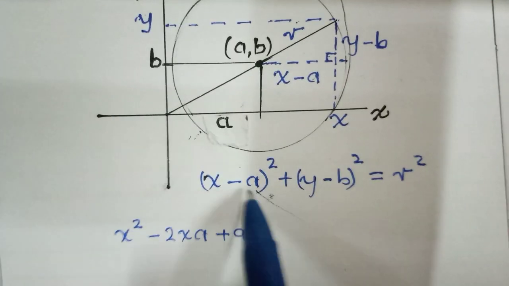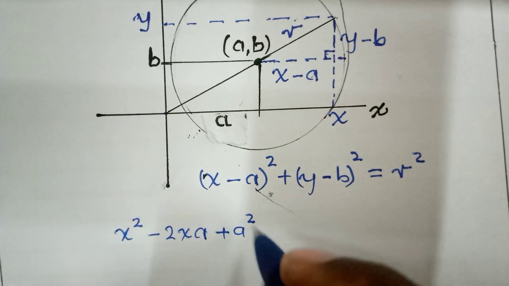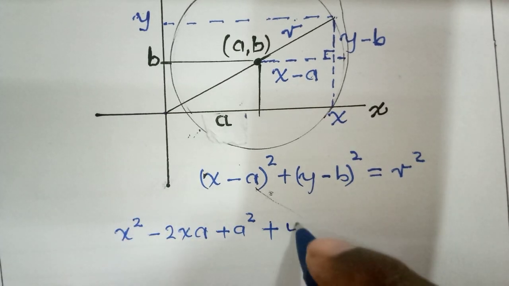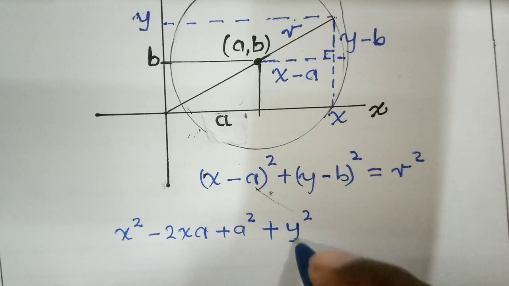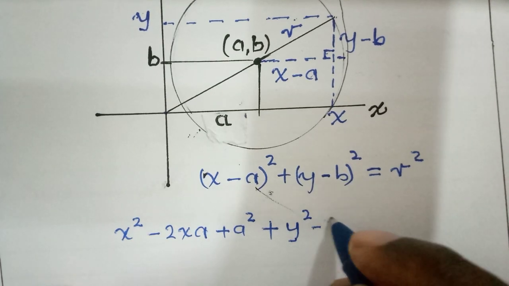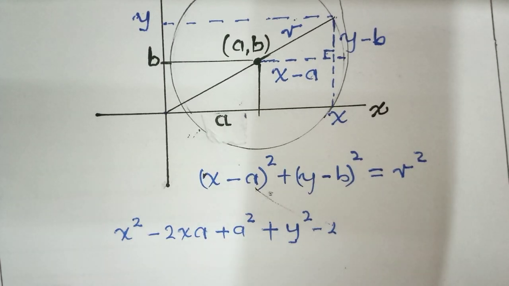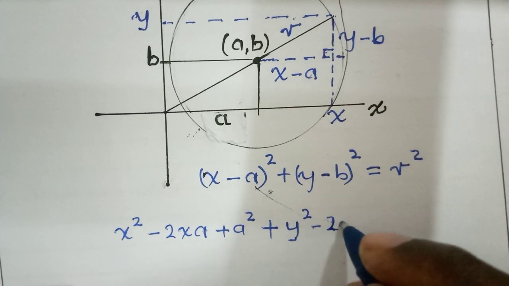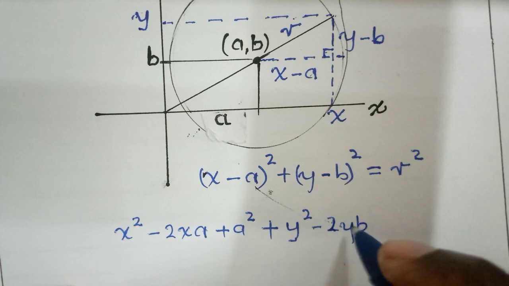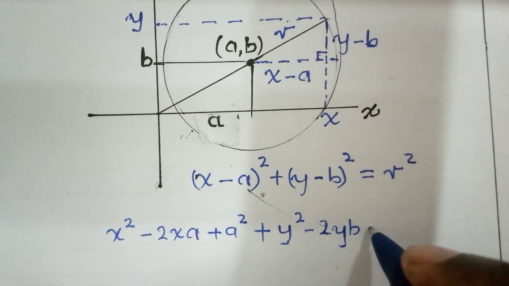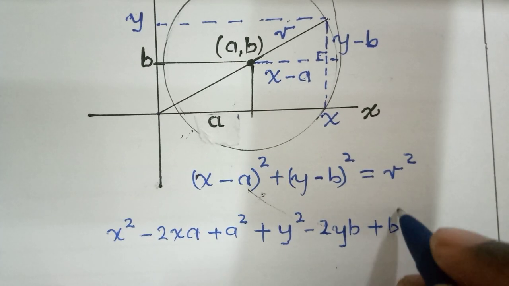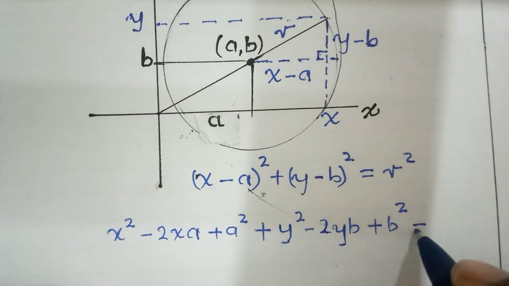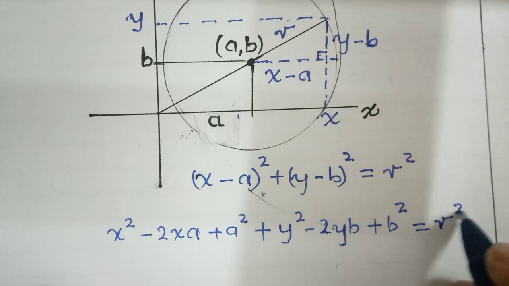And then we also square this one: we shall have y squared minus 2yb plus b squared. This is now equal to r squared.